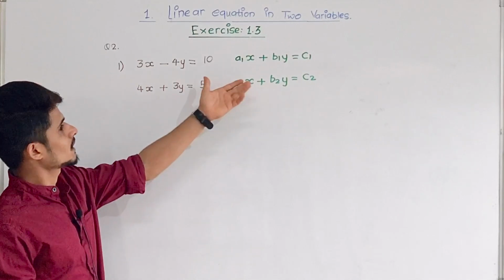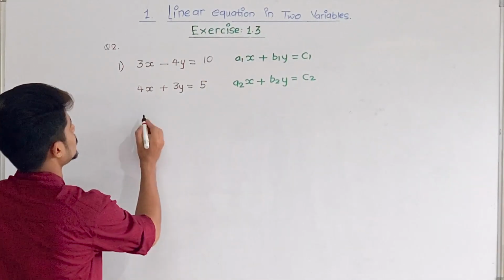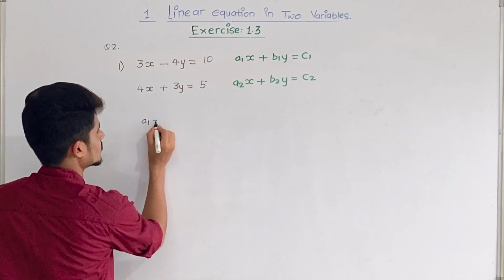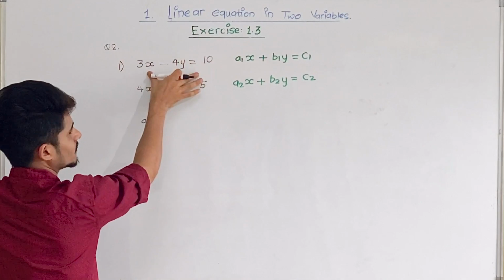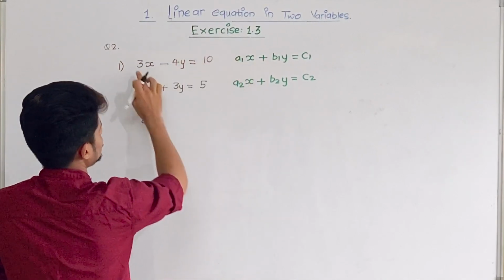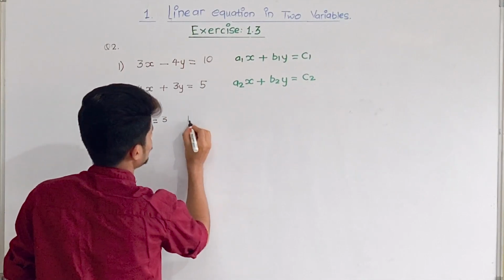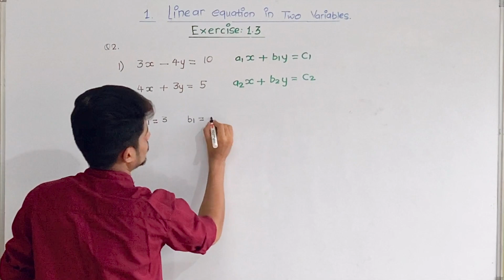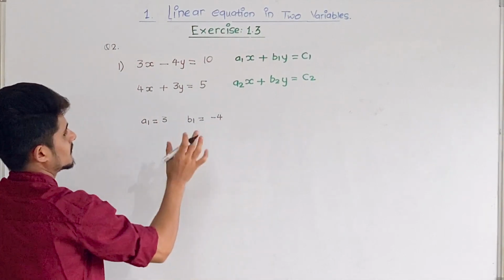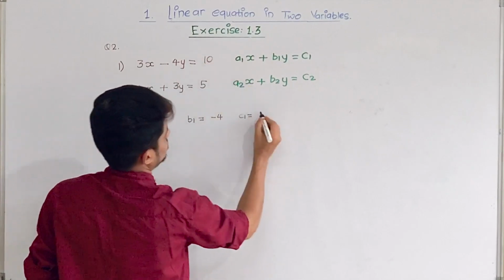So now we'll compare the value of a1, b1 and c1. So the value of a1 is, by comparing the general equation with the given equation, the value of a1 is 3. Similarly, the value of b1 is -4 and the value of c1 is 10.